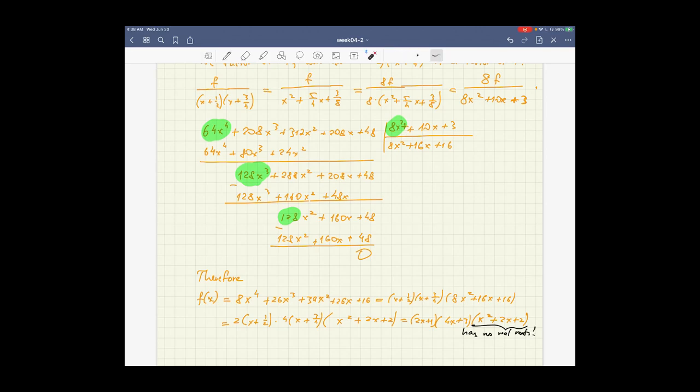This is because the discriminant D is 2 squared minus 4 times 1 times 2, and that's negative. So the only real roots of f are -1/2 and -3/4.